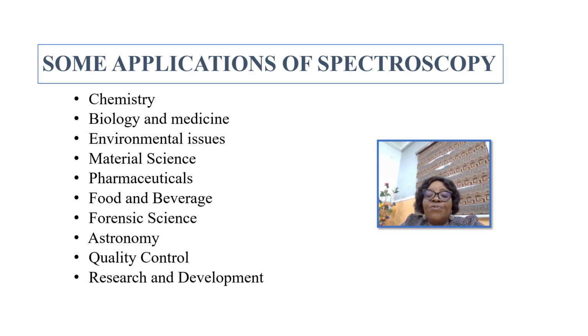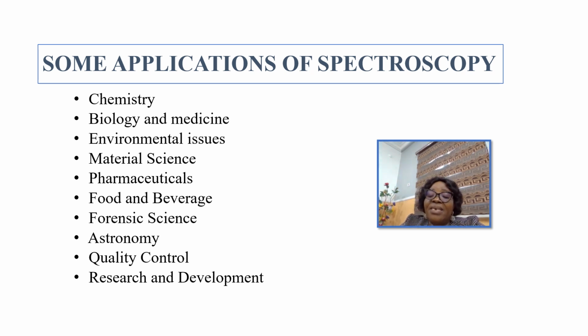It's useful in biology and medicine for studying biomolecules and their interactions, diagnosing diseases such as cancer and diabetes, and imaging tissues and cells. It's also very useful for environmental studies in monitoring air and water pollution, analyzing soil and water samples. We use spectroscopy for material science in characterizing material properties and composition.